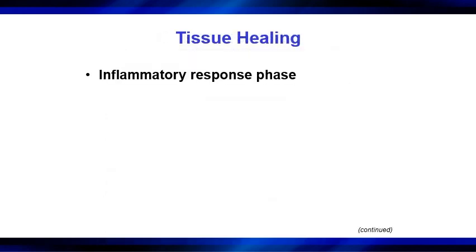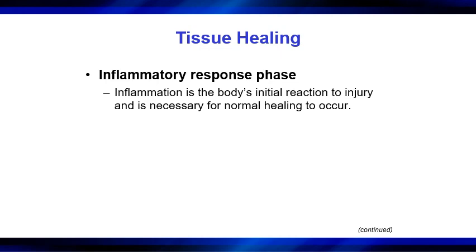Okay, so we're going to look at some of the different things. The chart on the previous slide went through some of the basic things as it relates to the different phases. The inflammatory phase is the body's initial response to injury, and is necessary for normal healing to occur. Inflammation sometimes gets a bit of a bad rap.